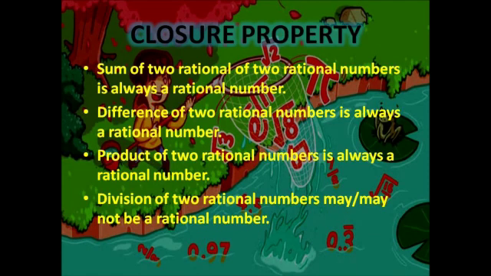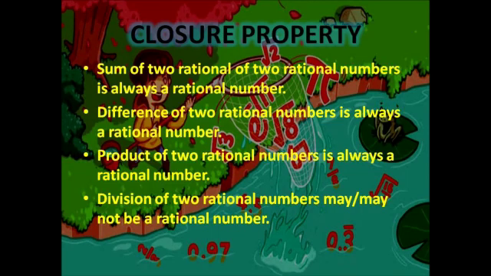The closure property exists for different operations like addition, subtraction, multiplication, as well as division of rational numbers. As per the closure property of addition, the sum of two rational numbers is always a rational number.